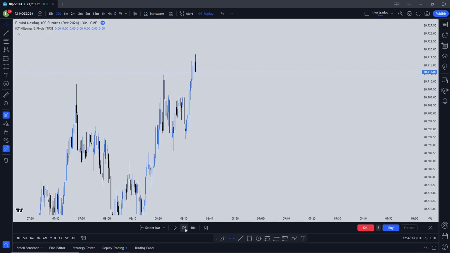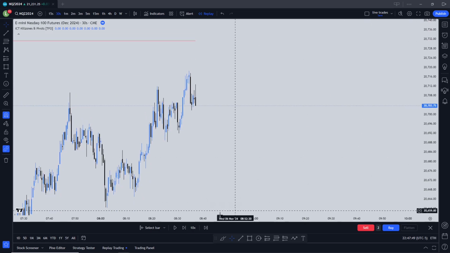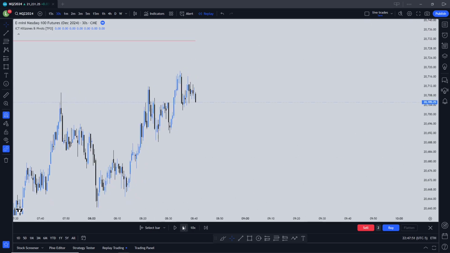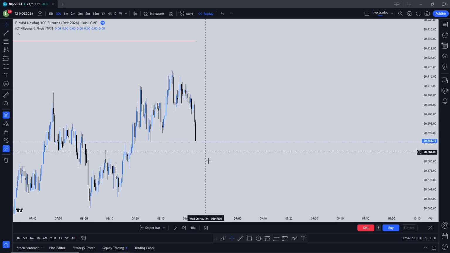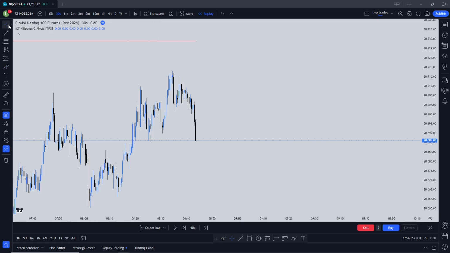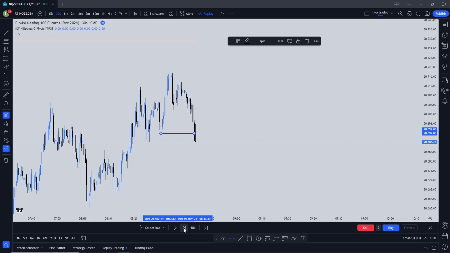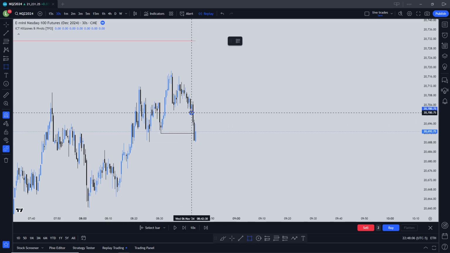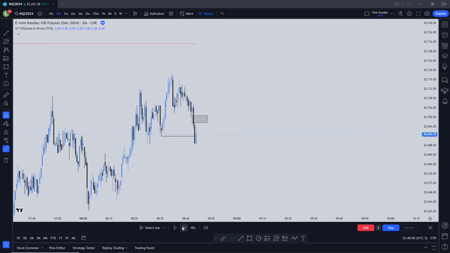We'll see if we get a setup here. Price is pretty sideways here. This is really sideways right here, but we'll see what we get. We have a liquidity sweep here. All right, fair value gap here. Let's see if we get this.